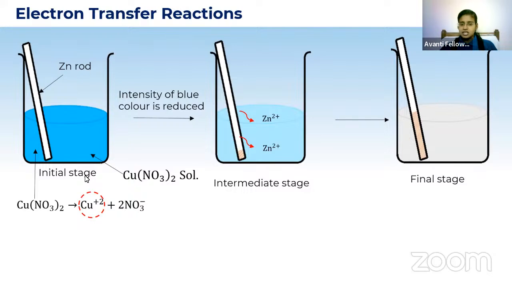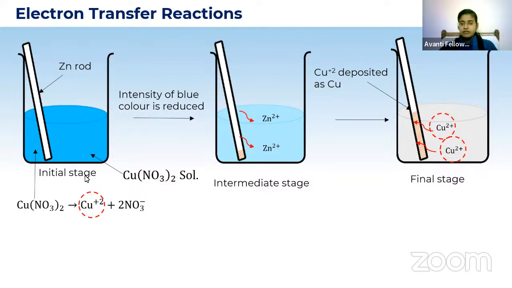So in the final stage, the Cu2+ ion which is present inside the copper nitrate solution is now deposited as copper on the rod. How would it have been deposited as copper from Cu2+?